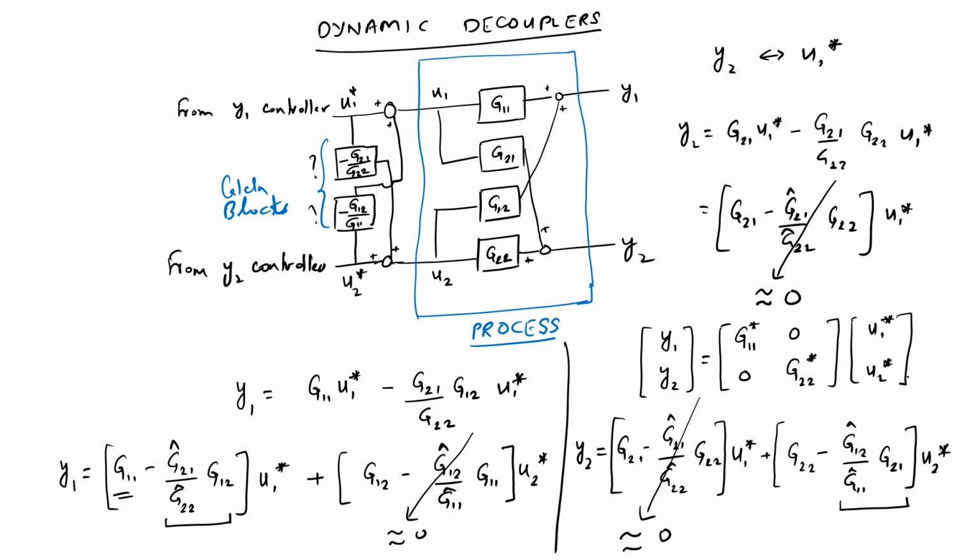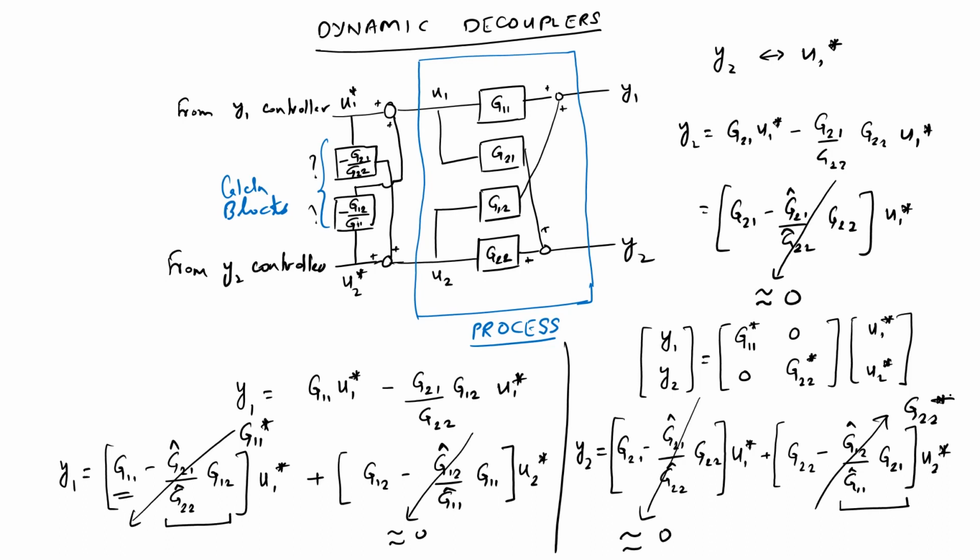and I'm calling this guy g11 star, and we are calling this guy g22 star. So now you get a nearly diagonal system.